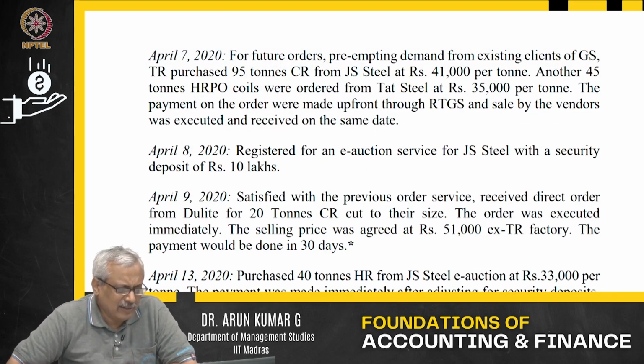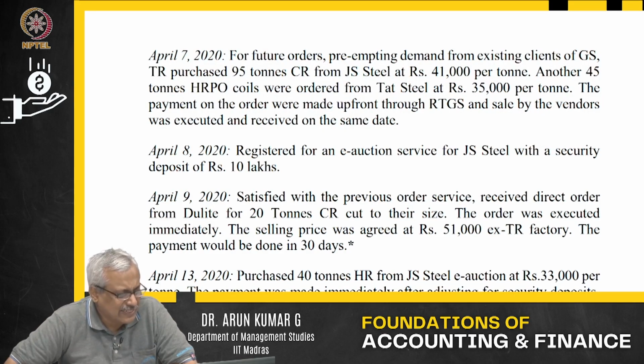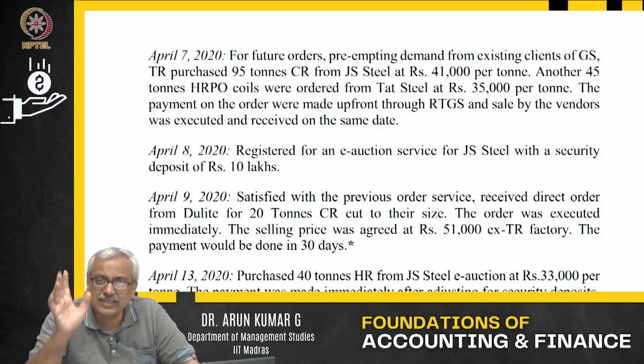8th of April, registered for an e-auction service for JS Steel with a security deposit of 10 lakhs. You have registered, that's a contract. What is the transaction? 10 lakh rupees from you has gone out of your bank account to JS Steel as a security deposit.